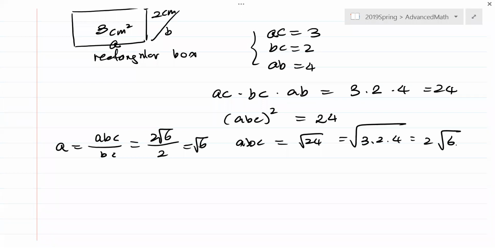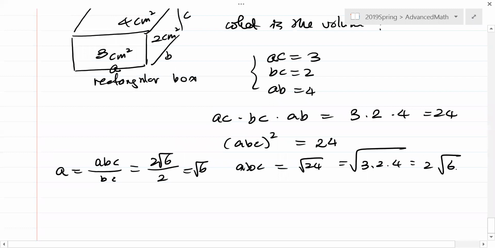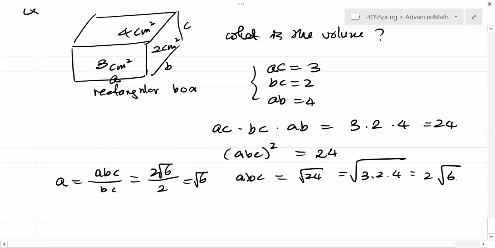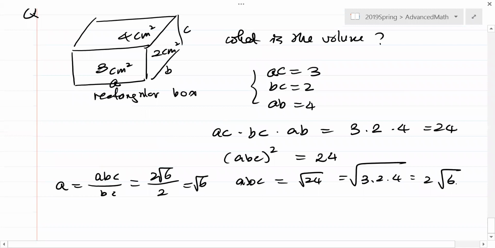Then you can find the other information. So what is the length of the diagonal, for example, right? For the same problem, not only find the volume, you have to find the length of the diagonal. Then you have to find the individual value of each side.